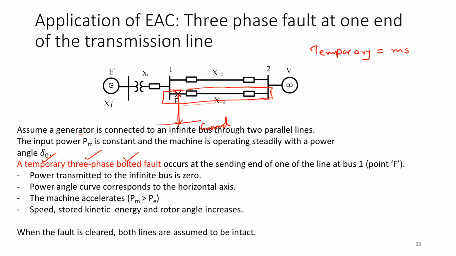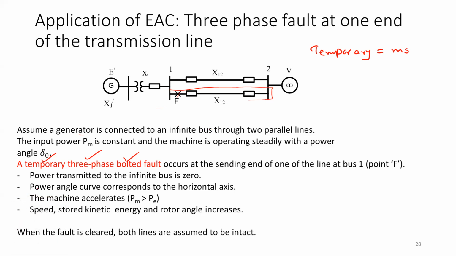If for some reason there is some kind of resistance or impedance between the fault point and the ground, then it is not a bolted fault. It will only be a bolted fault if it has a short circuit path from the point of fault to the ground. So is it understood what is the meaning of a bolted fault?